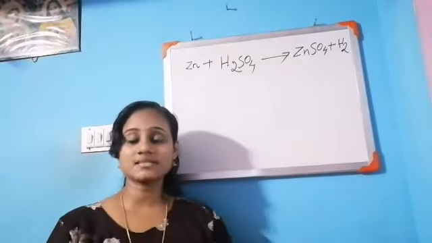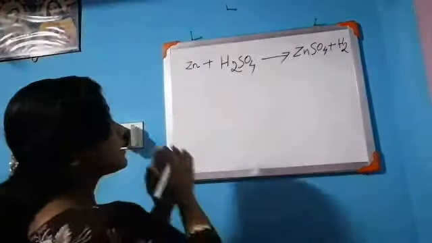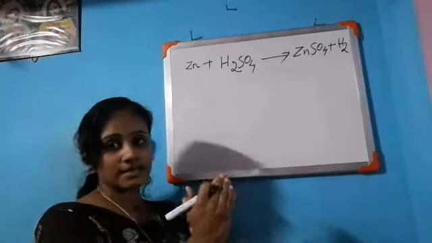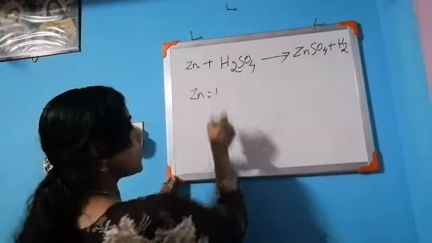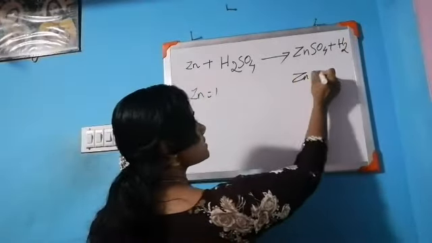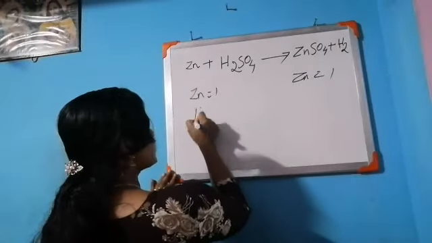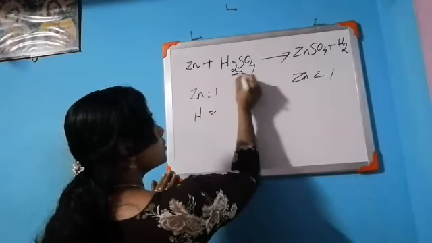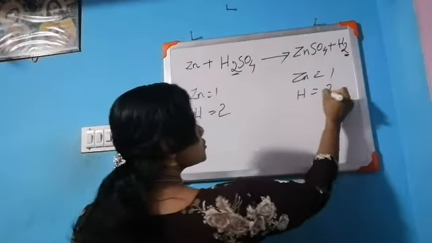Now we can check whether this equation is balanced or not. Okay. So reactant side and product side. Reactant side, how many zinc? 1. In the product side, how many zinc? 1. Nothing is mixed, that is 1. In the reactant side, how many hydrogen? 2. Product side, how many hydrogen? 2.